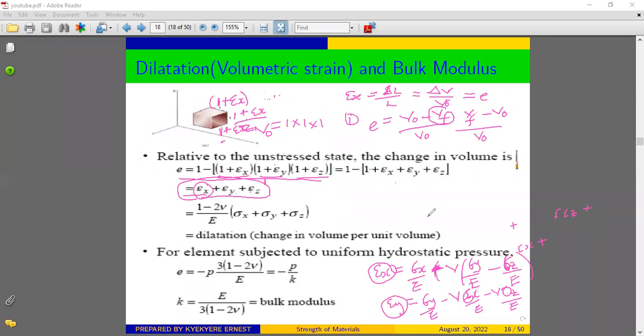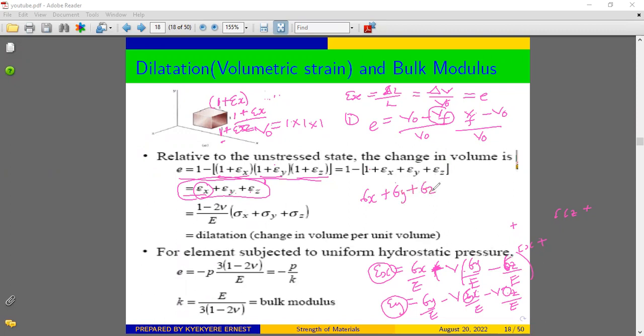Good. So when we try to simplify and put all the stresses in the bracket, we can just get the stress x, the stress y, and then the stress z. We want to bring all the stresses out.